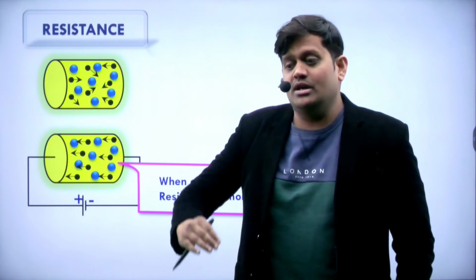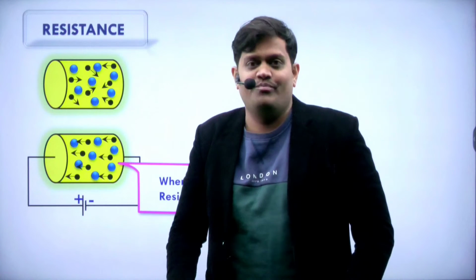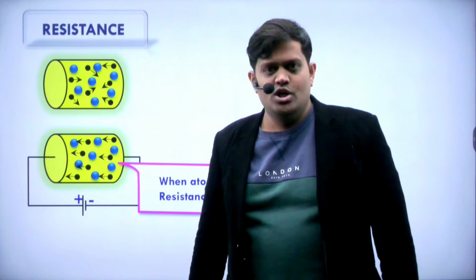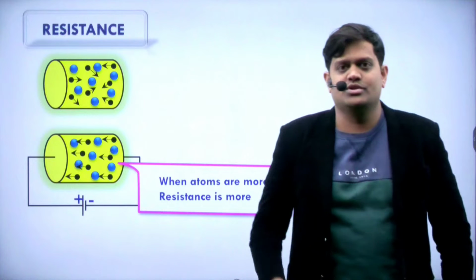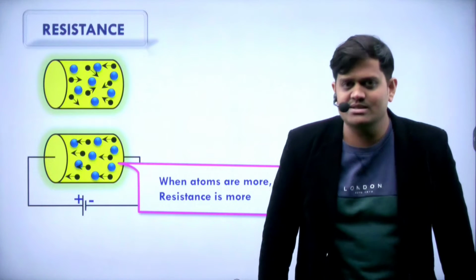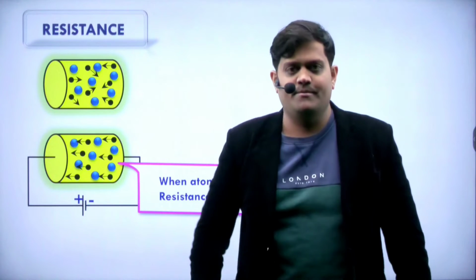And if the resistance is low, then the current is high. So basically, resistance is the opposition to the flow of current.